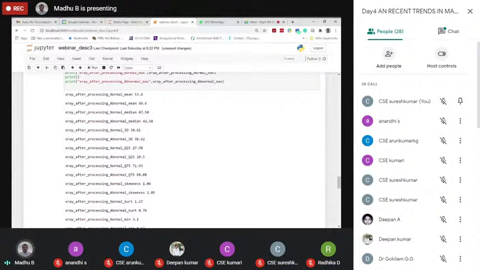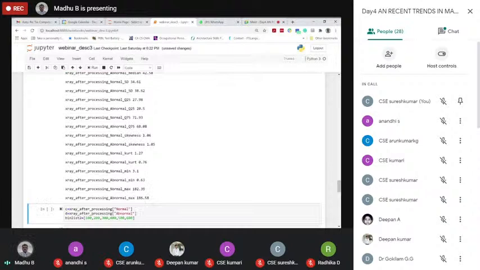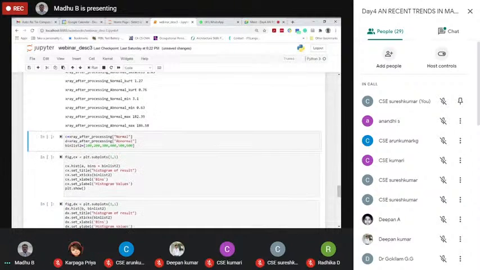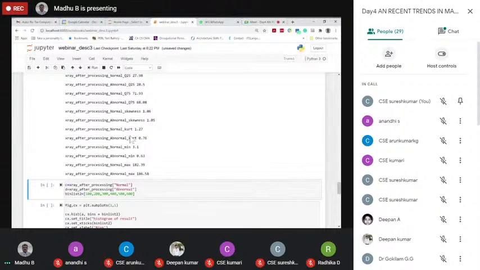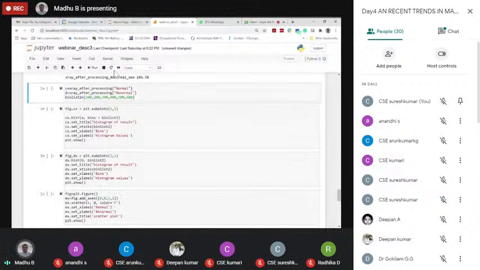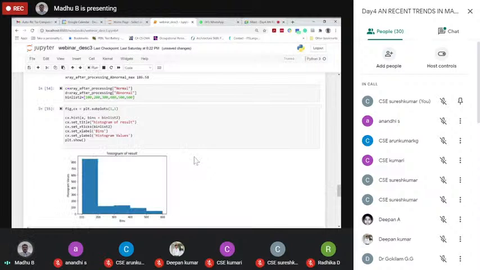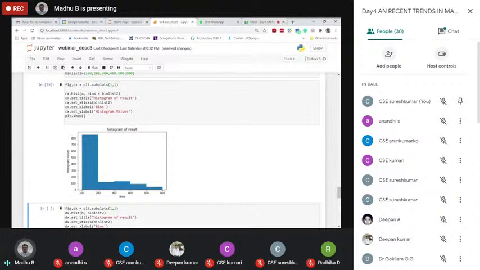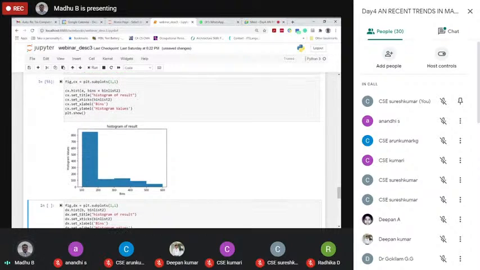So I'm seeing my skewness has decreased, my kurtosis has decreased, making it an ideal normal distribution. Correct. Let me also plot the histogram. It looks decent, though it may look as if it is non-normal because one particular peak is very high in the histogram.